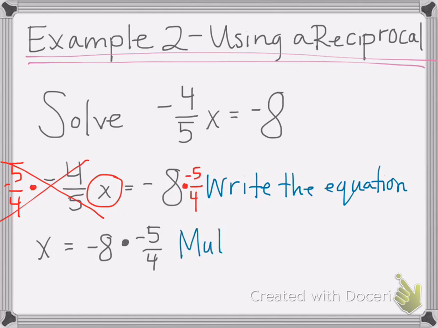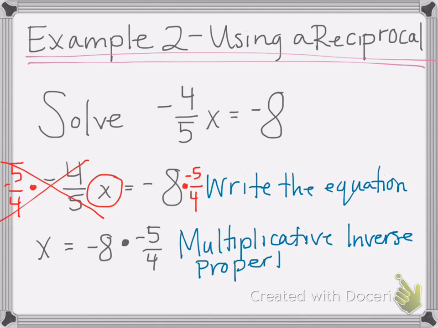Pretty much, if you multiply by the reciprocal, you will get a 1. Multiplicative inverse, meaning opposite or swapped property. And usually my third step, or for this lesson, is to simplify. So let's go ahead and simplify that.